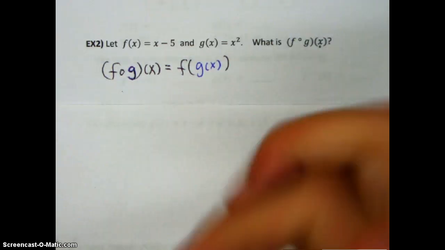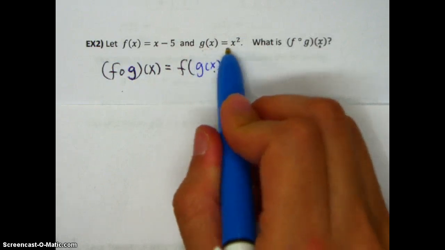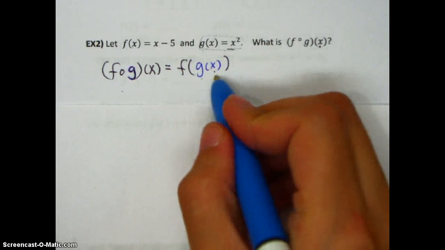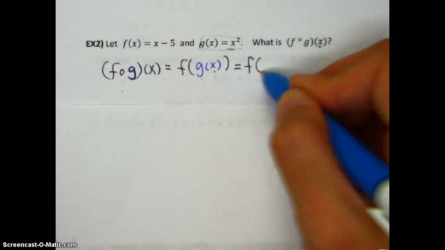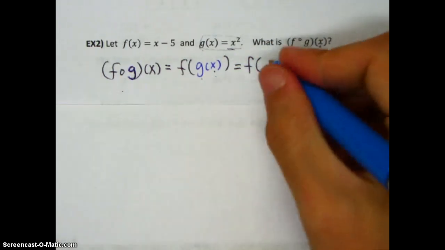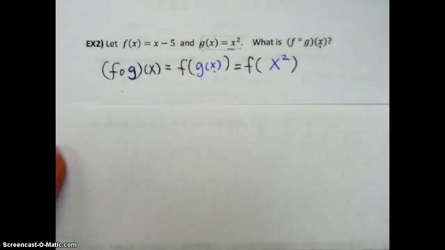Since I don't have any number, I cannot plug in any number, but we know G of X is X squared, right? They are the same thing. So instead of G of X, I'm just gonna write X squared inside the F function, because they are the same thing.